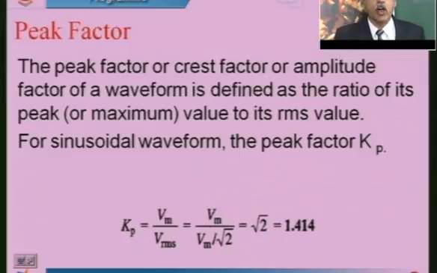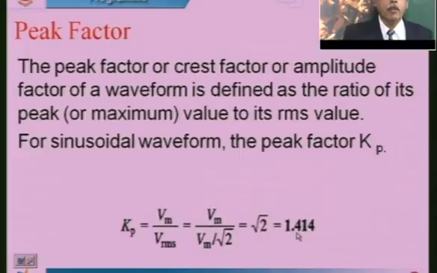It is defined as the ratio of its maximum value or peak value to its RMS value. For a sinusoidal waveform, the peak factor will be around 1.414. You can see here Kp, the peak factor, is the ratio of maximum value to RMS value. Because root 2 is 1.414, I will get this value.